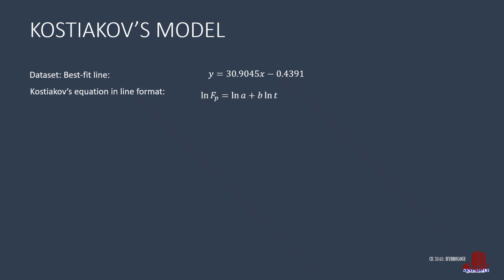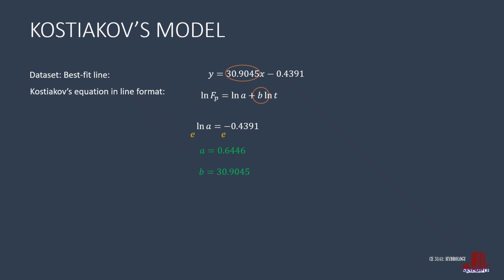By analogy, we can take ln of a as negative 0.4391, where we take the value of a by plugging in Euler's number e. A is then e raised to negative 0.4391, which is simplified as 0.6446. From the equations, b is also equal to 30.9045, where we take this as it is.